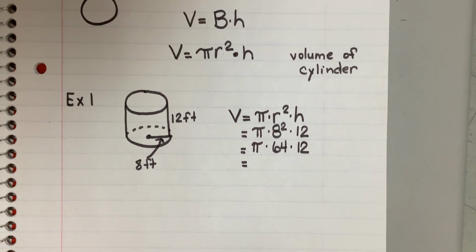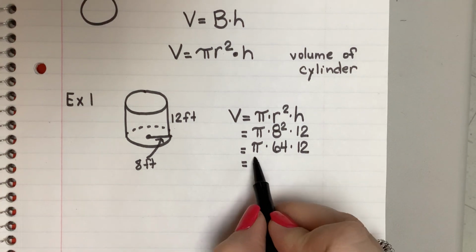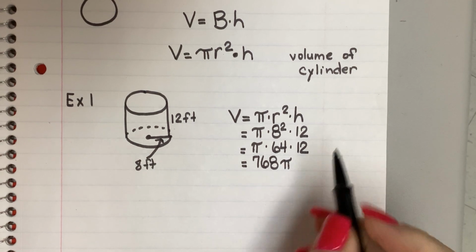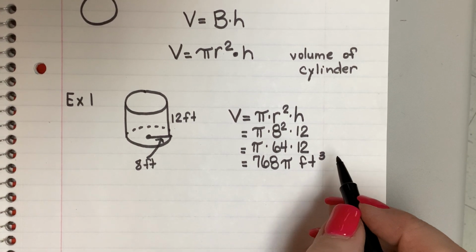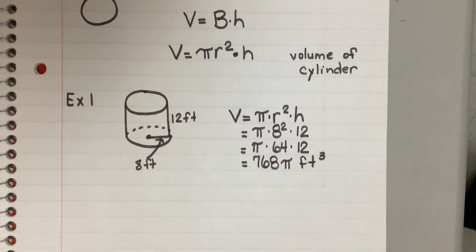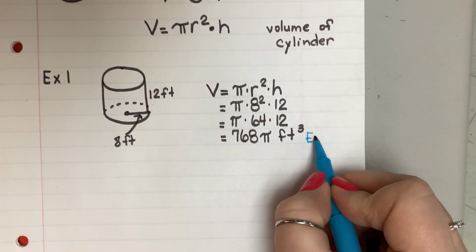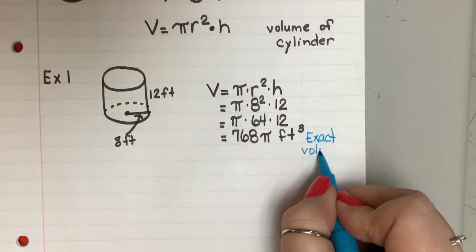Now we take your calculator and you multiply 64 times 12, and what does that give us? 768 pi feet cubed. This is what you refer to as your exact answer. This is your exact volume in terms of pi.